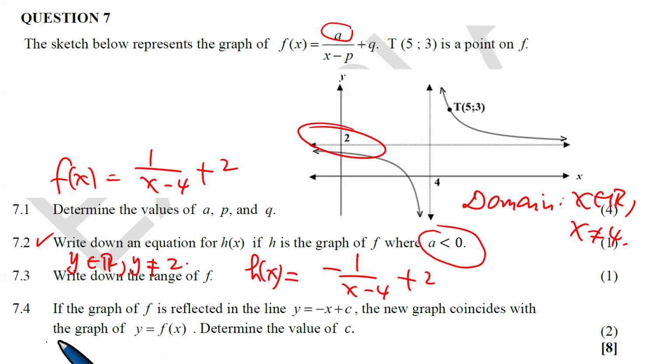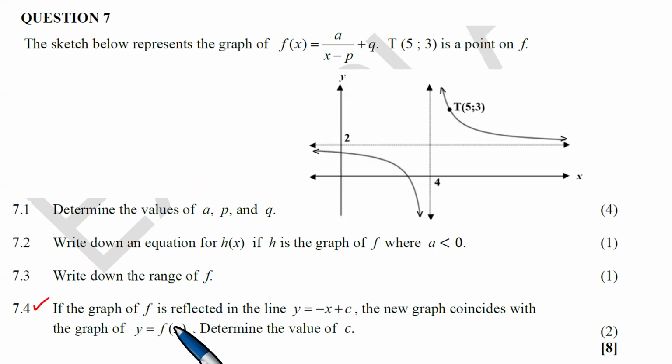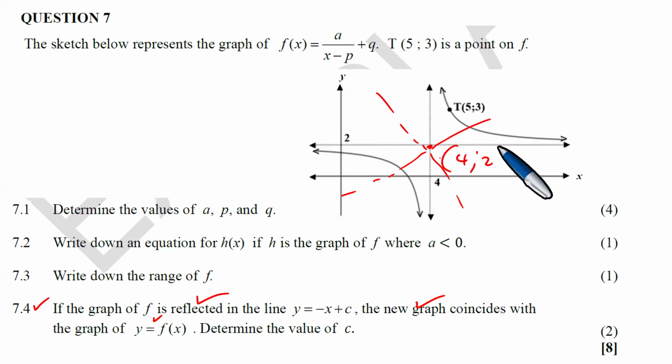If the graph of f is reflected in the line y equals minus x plus c, the new graph coincides with y equals f of x, determine the value of c. The value of c is nothing other than this, because it passes through. This is a line of symmetry. If you perform a reflection and the new graph coincides with the old one, it means that you have a line of symmetry. So the line of symmetry passes through x equals 4 and y equals 2.